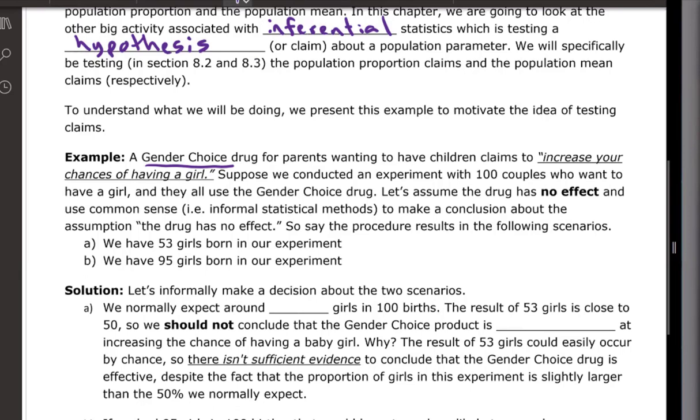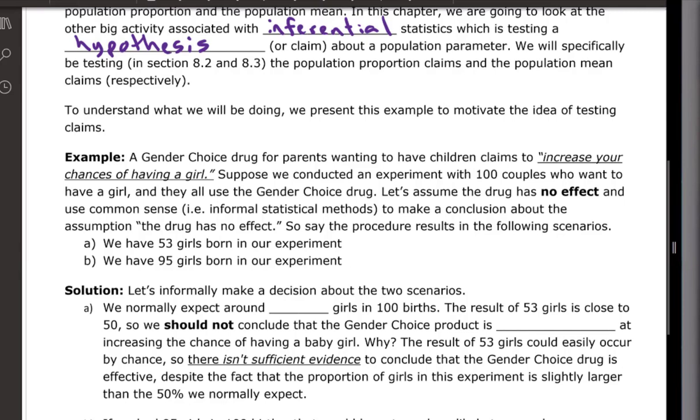The claim from the company is that they increase your chances of having a baby girl. So we want to see from some experiments, some results below, what do we think about that claim? We're just going to use our own judgment on this and try to come to a conclusion about that hypothesis.